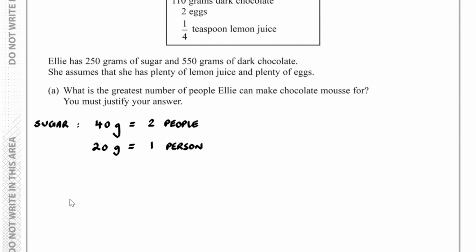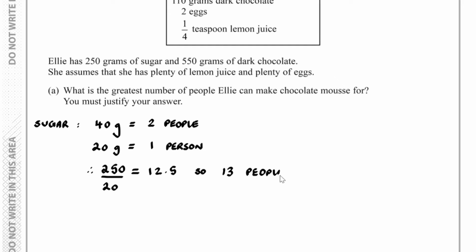Well, we've got 250 grams available, and if I divide this by 20, that tells me I get 12.5. So the greatest number of chocolate mousses I can make is for 13 people with the amount of sugar I have.